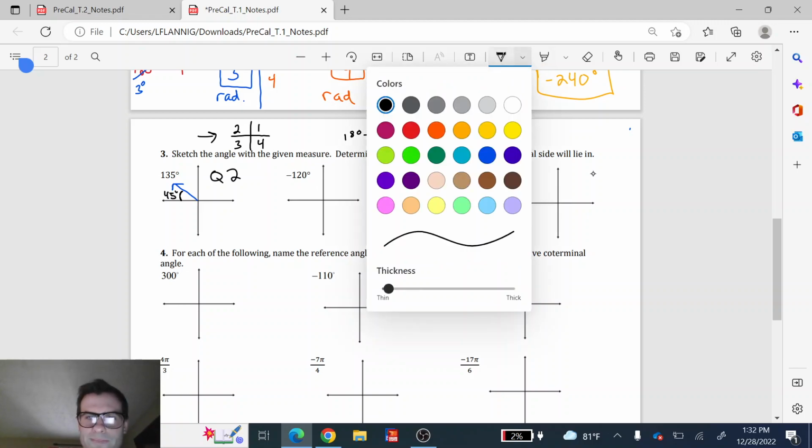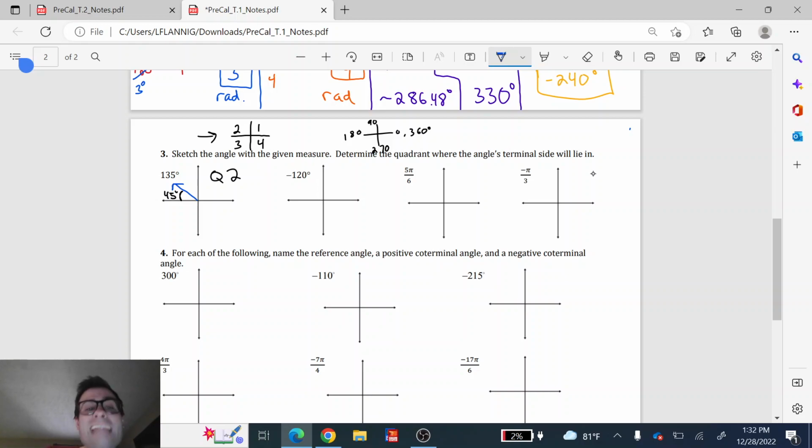You know the next one? This is negative 120. Normally, a regular 120 would be somewhere right here. But because it's negative 120, you don't start counterclockwise, you're going to go clockwise. So you're going to go in this direction. Right here.